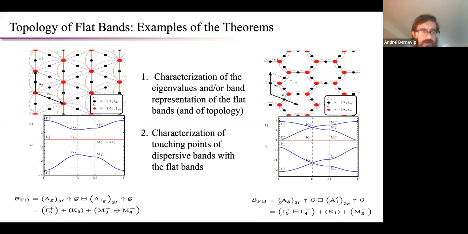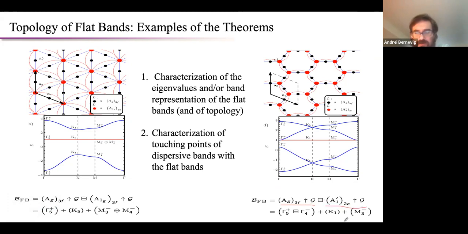Okay, and then what you find, if you take this difference, is that this difference in momentum space has some representation in momentum space. They're tabulated at the elementary band representation function of the Bilbao crystallographic server. This is another representation of momentum space.